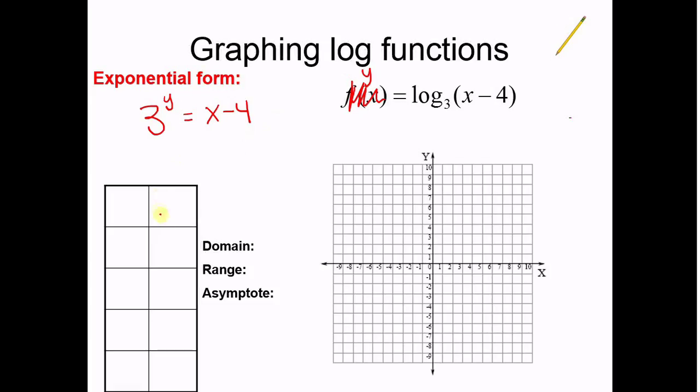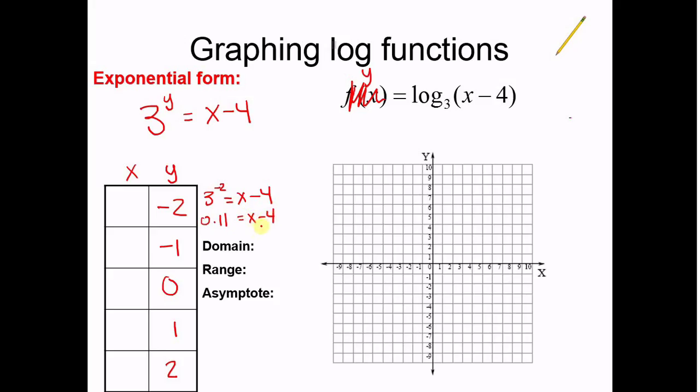But we're still just going to plug in -2, -1, 0, 1, and 2 for our y values. Never try to plug in for your x values, only your y values. So we get 3 to the -2 equals x minus 4. 3 to the -2 is 0.11 equals x minus 4.